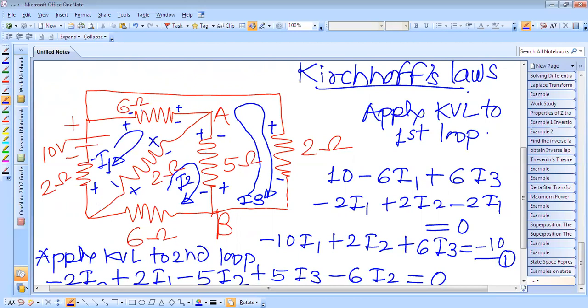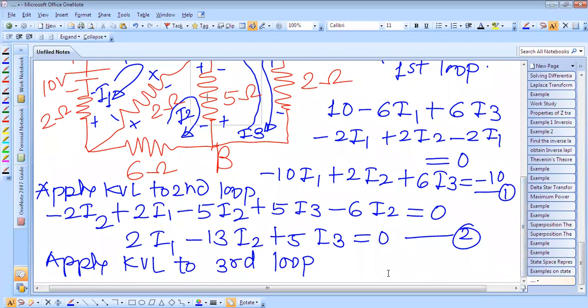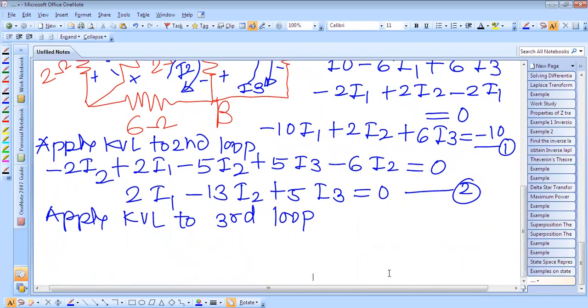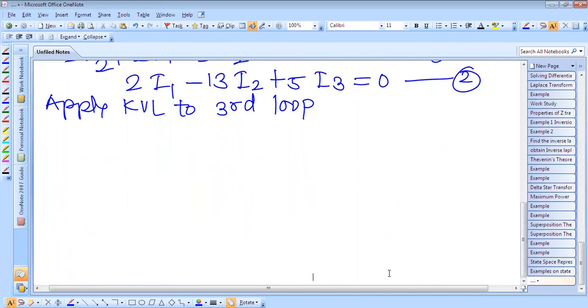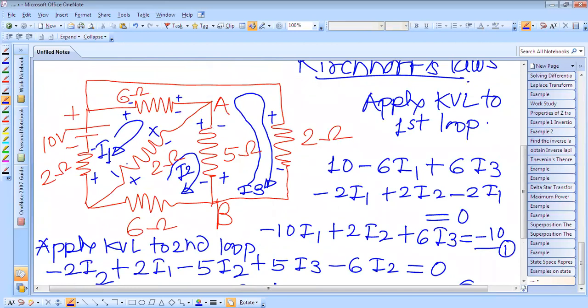There is a fall in potential because of this I3, but a rise in potential because of current I1, and there is no EMF source in this loop.